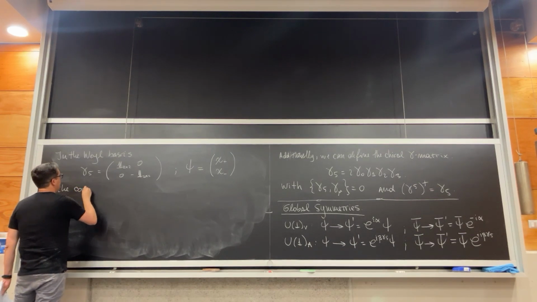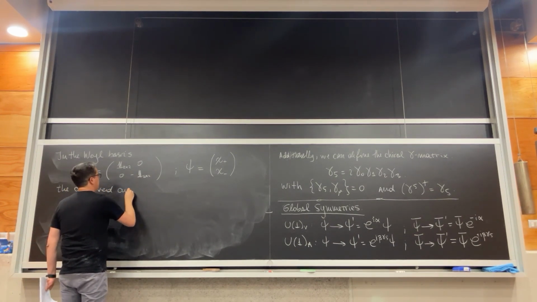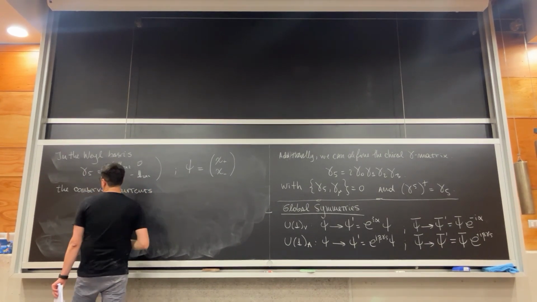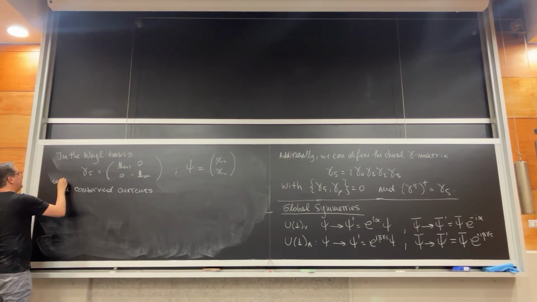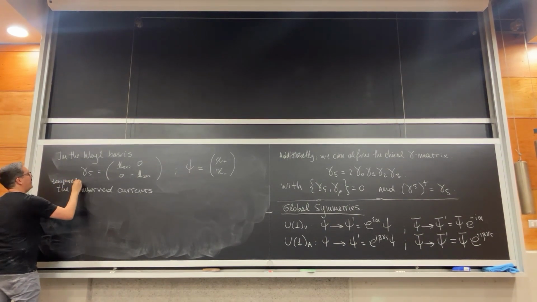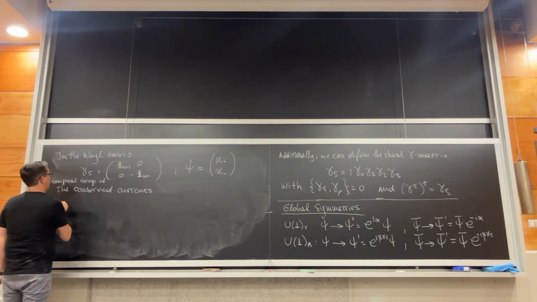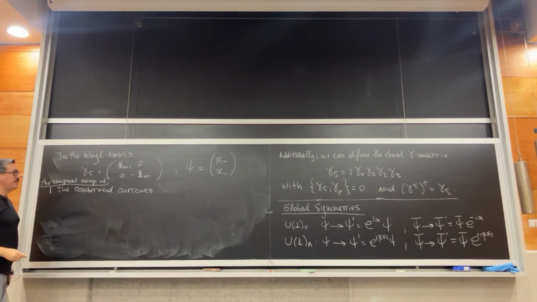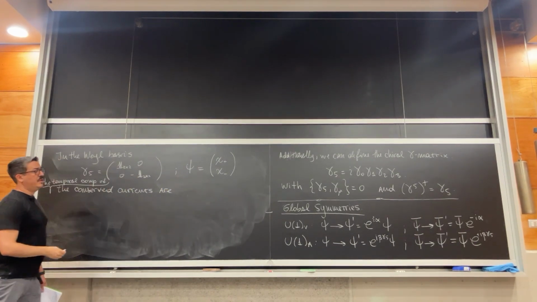The temporal components of the conserved currents are. Let us work the first one.